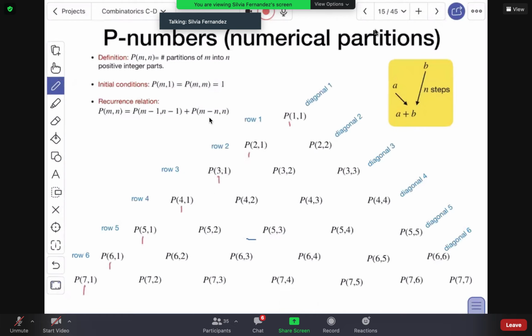You can think of them as the number of ways to partition the number, for example, here, the number 6 into one part. In how many ways can you write 6 as a sum of one positive integer? Just one. In how many ways can you write 6 as the sum of 6 positive integers? There's only one way: 1 plus 1 plus 1 plus 1 plus 1 plus 1, six times. So those are my initial conditions.